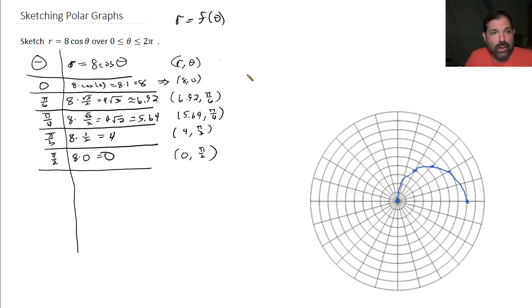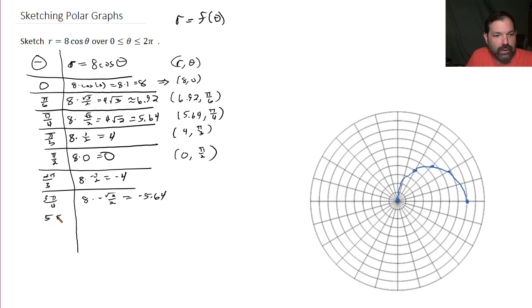We go to our next nice point, which would be at 2 pi over 3. Now I'm in quadrant 2, so the cosine is negative. So I'd have 8 times negative 1/2. That would be negative 4. And then at 3 pi over 4, I'd have 8 times negative root 2 over 2, so that would be approximately negative 5.64.